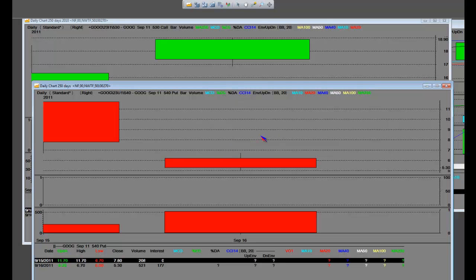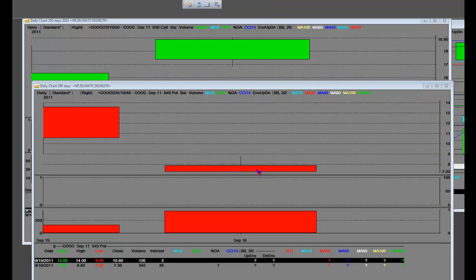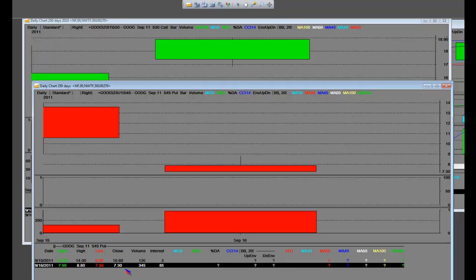But these are weekly, and we're going to be watching that weekly. We're also going to go as far as this: the 545 put that was up here at the high of 14 has been cut in half. Down here, it's $7.30. And as Google continues to go higher in its trend, naturally these are going to come down lower. But we'll be watching this weekly as of starting tomorrow morning.